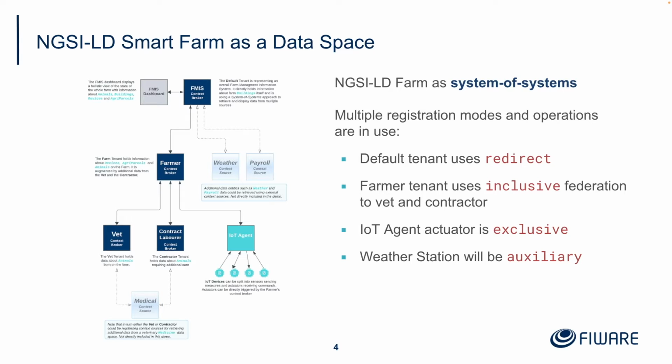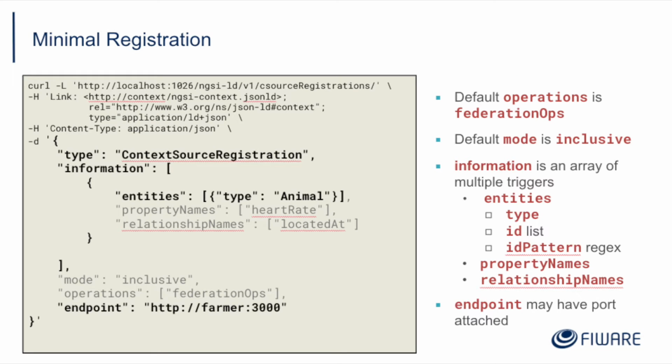So we've got multiple ways of getting this information out of the system, and each one of them has a reasonable use. The minimal version of a registration is the elements in bold, because there are various defaults which are applied. So the default mode is inclusive, and it's so-called federation ops.